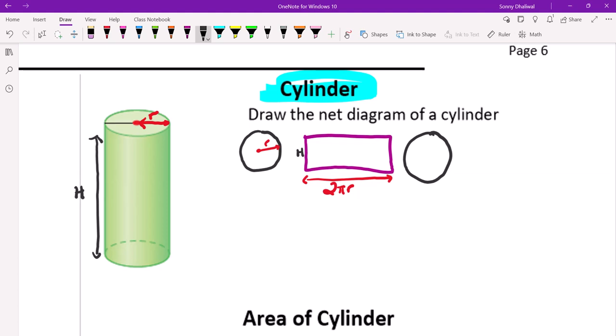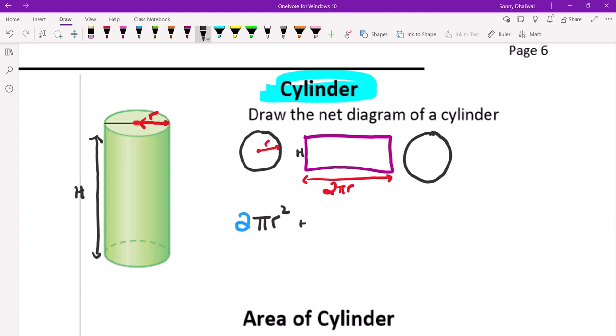So now the surface area formula for the cylinder looks quite complicated, but it's just this circle and this circle. The area of a circle is pi r squared. So we have pi r squared, and we have 2 of them, so we multiply it by 2. Then we have the rectangle, which is this distance here, which was equal to the circumference.